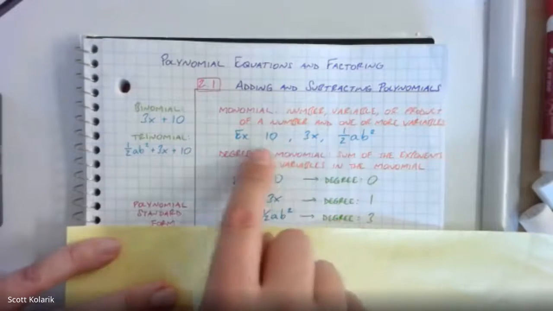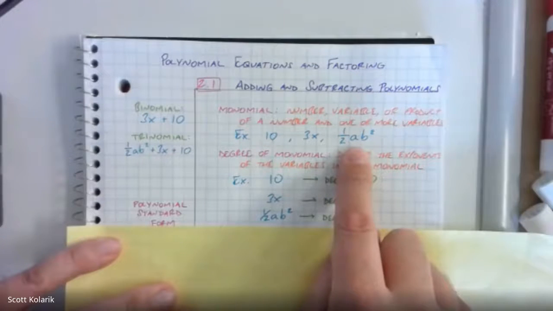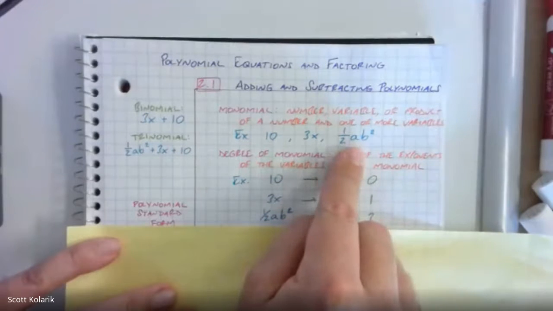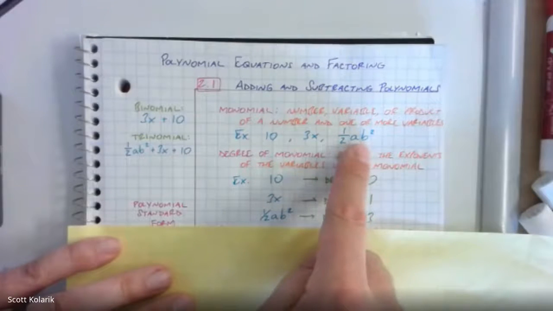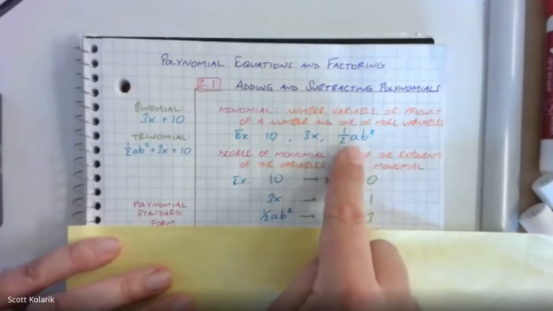They can of course get a little more complex, like this guy, 1/2 ab squared. Because it's a series of multiplication, or it can be smushed into a single phrase, that's still a monomial. It's just a more complicated monomial. 1/2 times a times b squared. Since it's a product or multiplication, it's a single term.